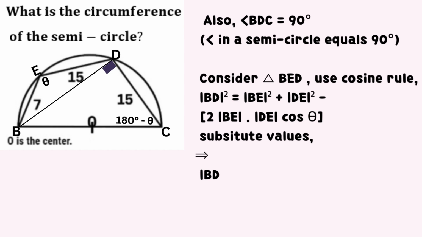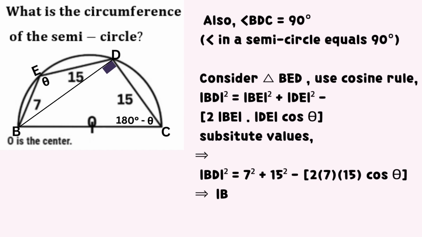Consider triangle BED. Use the cosine rule. The square of line BD equals the sum of the square of line BE and the square of line DE, minus the product of 2 and line BE times line DE times cosine theta. Substitute values and simplify.